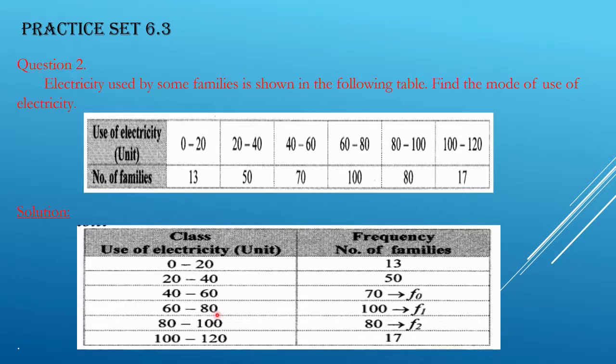Therefore, the modal class is 60 to 80. Then the maximum frequency 100 is taken as F1, the frequency of the class preceding the modal class is 70, that is F0, and the frequency of the class succeeding the modal class is 80, that is F2.